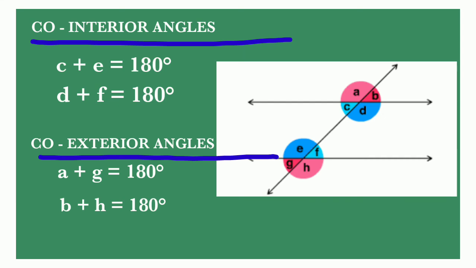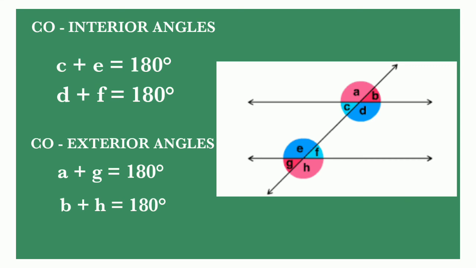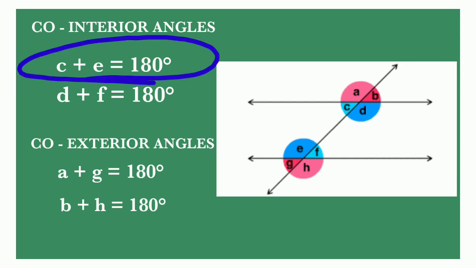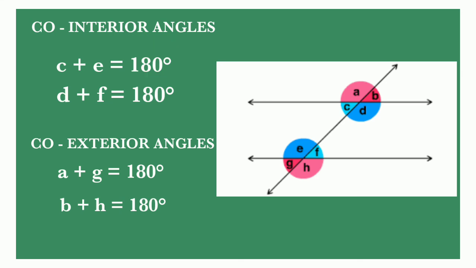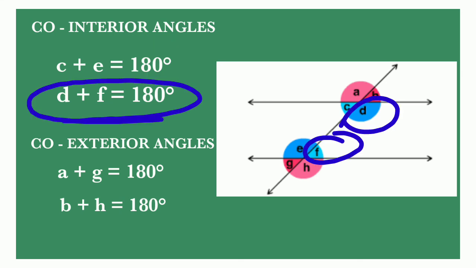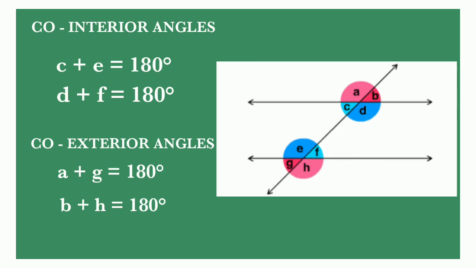The next one is angles on the same side of the transversal. What are they? One is co-interior angles. The second one is co-exterior angles. Here, angle C and angle E are the co-interior angles, and we have a property: angle C and angle E added together give 180 degrees. The sum of these two angles is equal to 180 degrees, and also angle D plus angle F, co-interior angles, sum to 180 degrees.